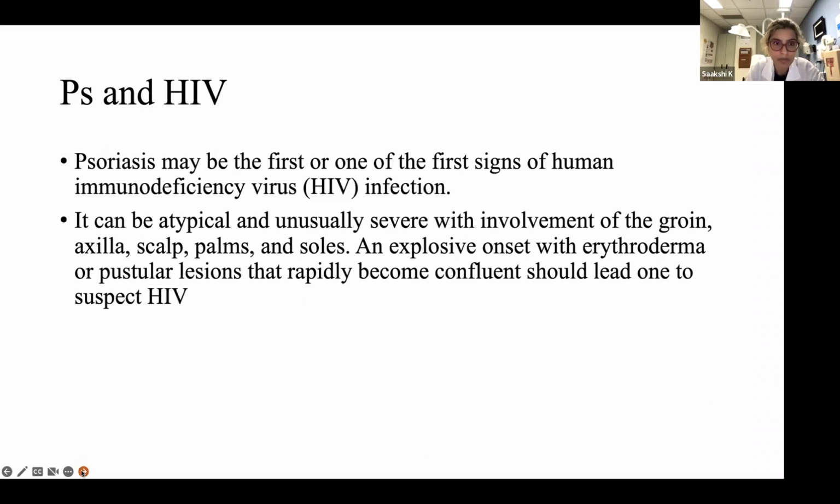If patients don't know that they have HIV, they can be admitted for extensive erythrodermic psoriasis, and that's when you find out that they have HIV. Or if they have HIV and they go on and off their meds, that can also flare psoriasis in some such patients. And also important, as I mentioned, if you have a patient that has explosive onset of erythroderma or pustular psoriasis, always think of HIV and test them for HIV in such a condition.